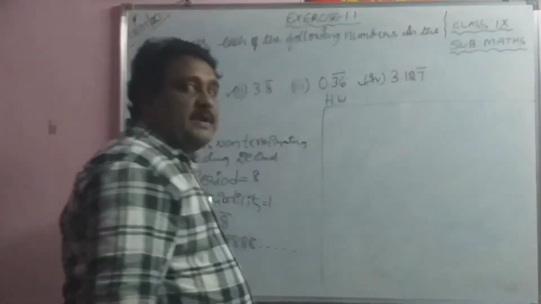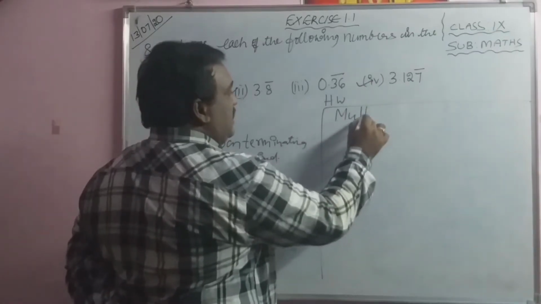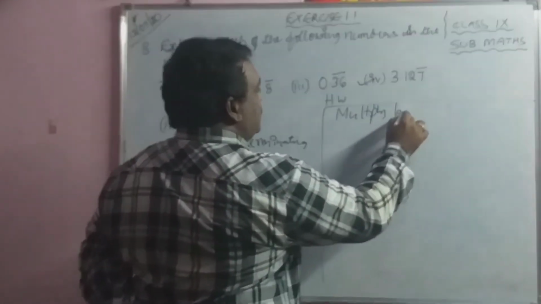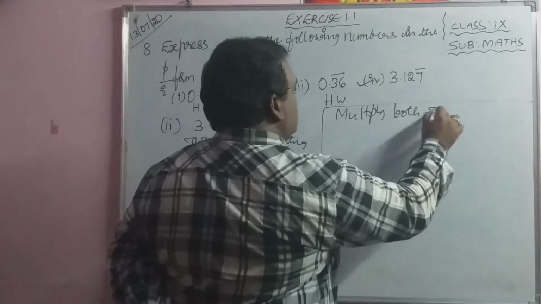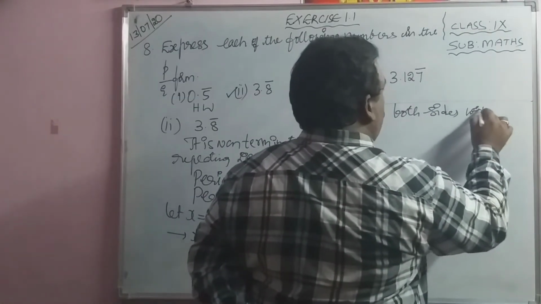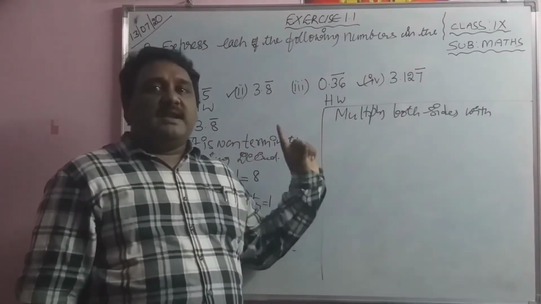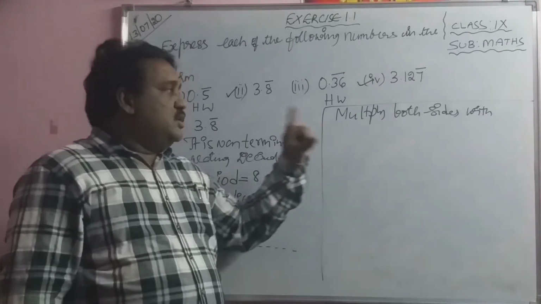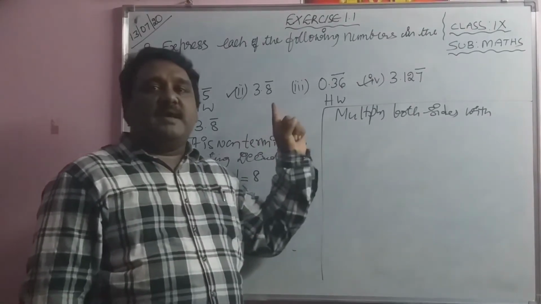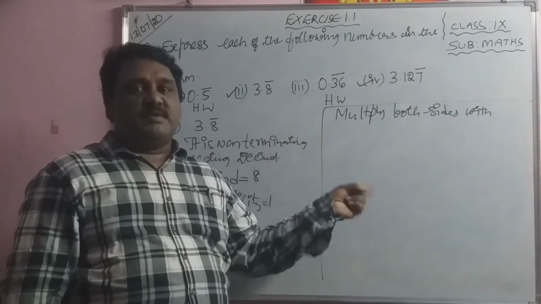One number is repeating. Multiply both sides with what number? One number repeating means multiply both sides with 10. Two numbers repeating, multiply with 100. Three numbers repeating, multiply with 1000.